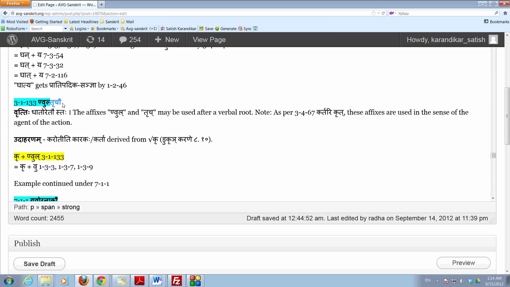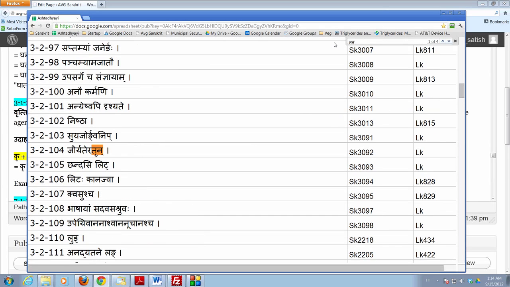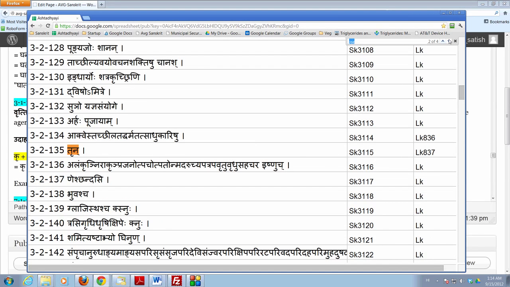Now, this chakara as an it, the reason for that really is that Panini has another affix which he prescribes, called trin. That's also in this section, also a krit pratyaya. Now, in some places in a sutram, Panini does want to refer to these affixes trin and trich together.